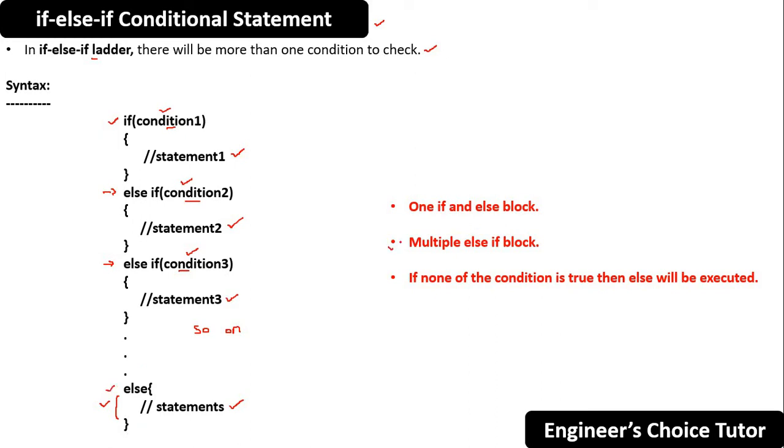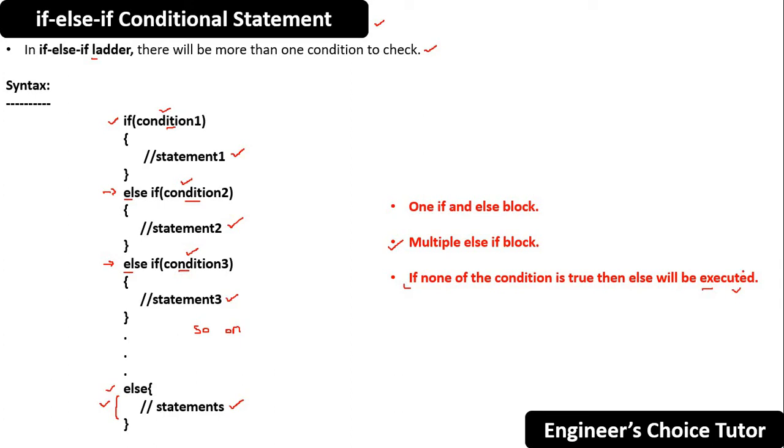Now next is multiple else if blocks. So see, we have multiple else if blocks, else if here, and we can have more else if blocks also. That is why I have used dot dot dot. And if none of the conditions is true, then else will be executed. Fine, clear with this point?